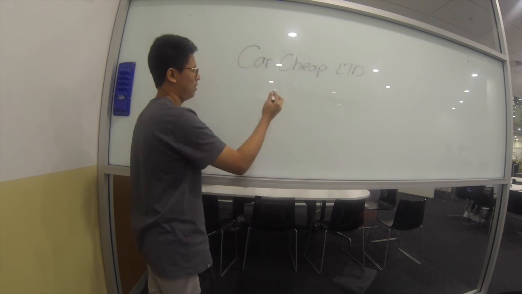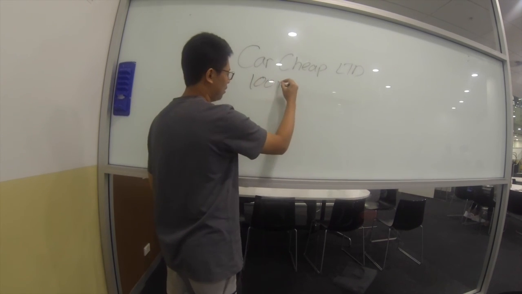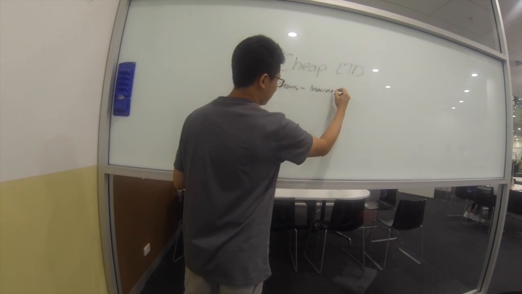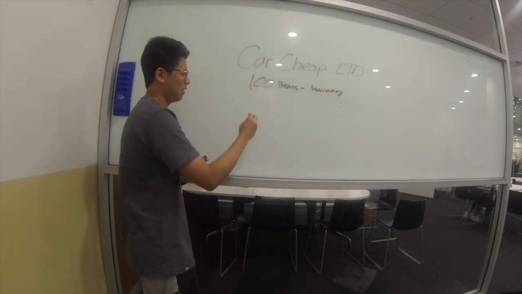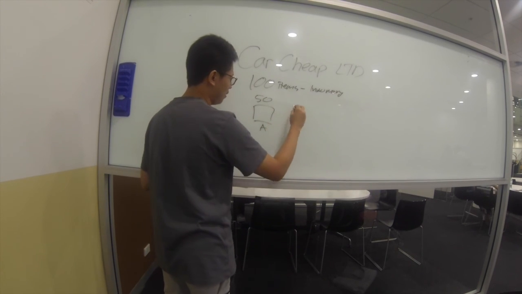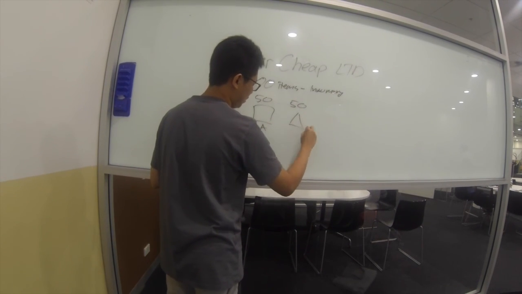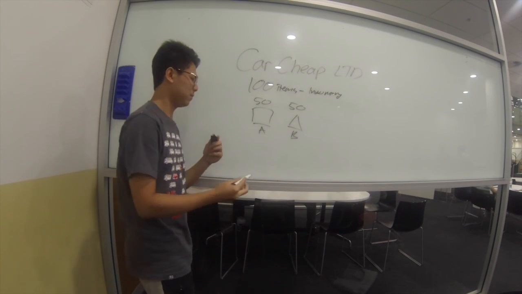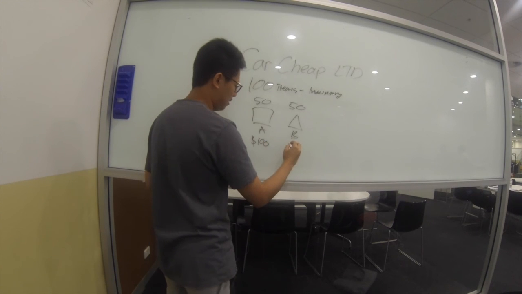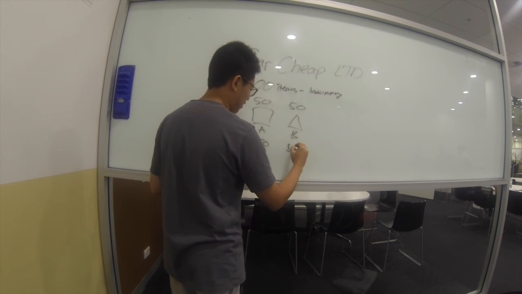So let's say that Carchip Ltd owns 100 items in their inventory: 50 of item A and 50 of item B. Let's say A is the more expensive item, so it costs $100, and B only costs about $70.